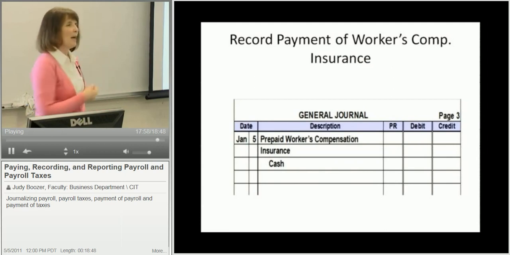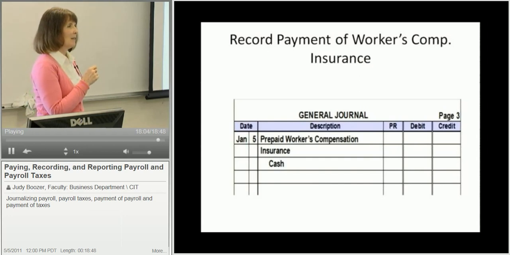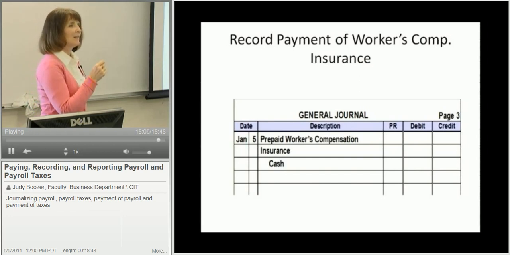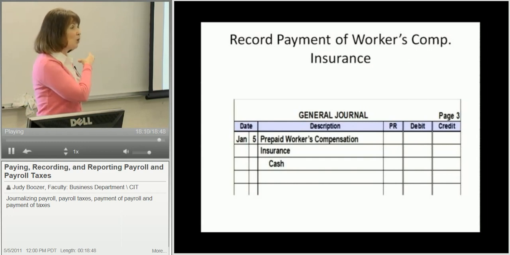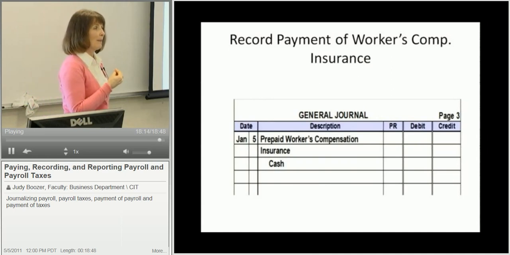If it's a prepaid account, what must we do periodically? Adjust it, because we've used it. So as we use those months of insurance, we have to adjust it. So a lot of companies, instead of using adjusting entries, will just expense it out right at the beginning because they know they're probably going to use it.